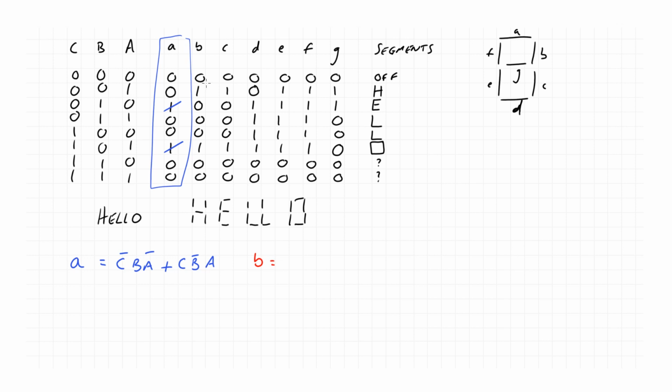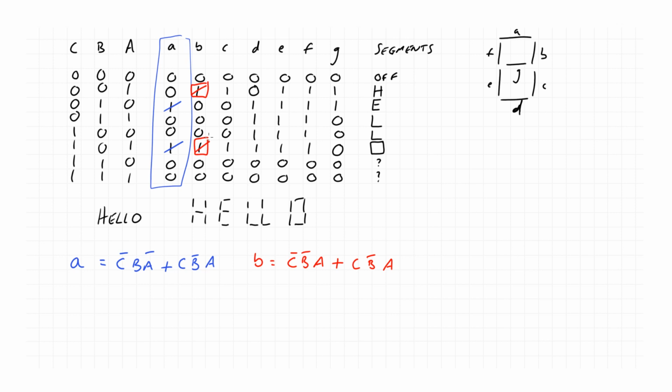For segment B, it is also illuminated just twice through the full count. That's not C, not B and A, or, cross it off, C, not B, A. But if you notice, these two terms have redundancy.